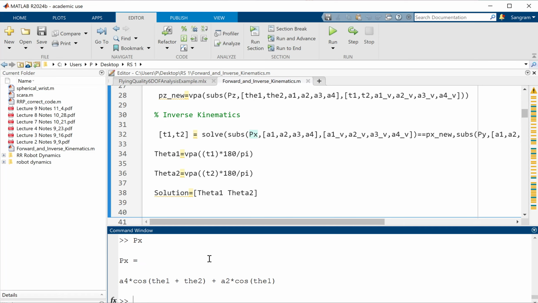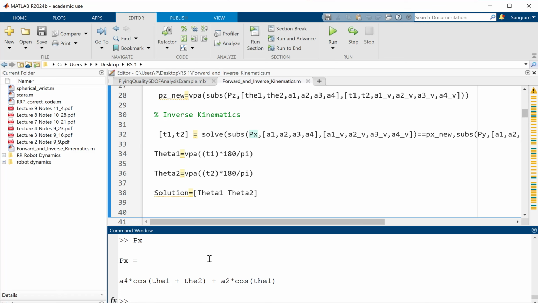You get an equation which is in terms of variables. You agree with me? So Px is in terms of these variables. I'm substituting those variables using some dummy variables so that MATLAB works. I'm equating it to the value of Px new.